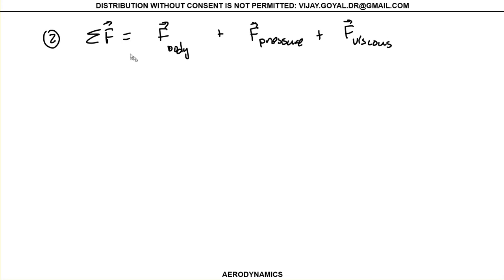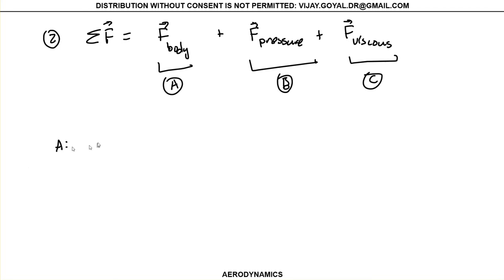Okay, so to understand this, let's call this item A, this item B, and this item C. And we're going to expand each one of them individually and see what they really look like and what they are about. Okay, so item A, these are body forces.